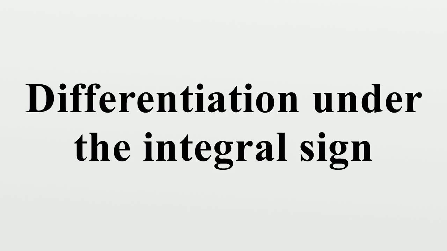Popular culture. Differentiation under the integral sign is mentioned in the late physicist Richard Feynman's best-selling memoir Surely You're Joking, Mr. Feynman, where he mentions learning it from an old text, Advanced Calculus, by Frederick S. Woods while in high school.